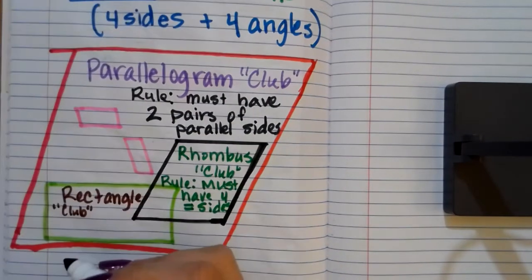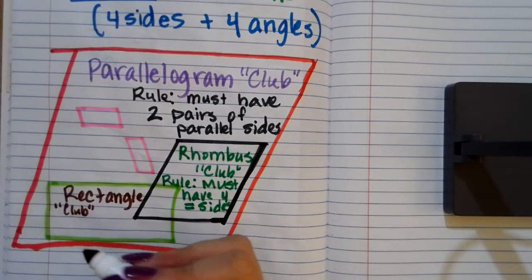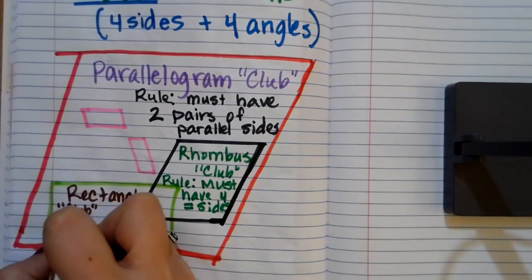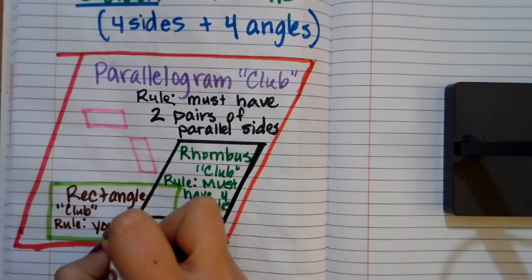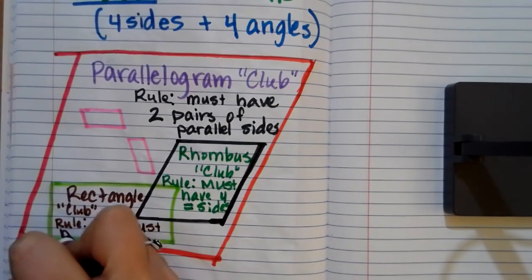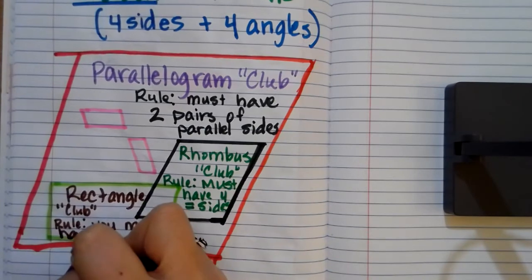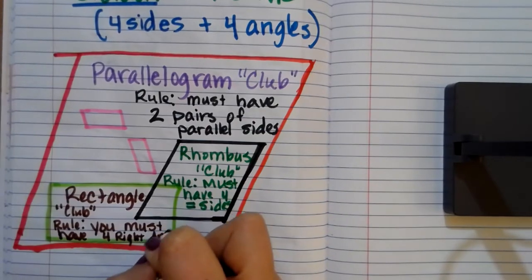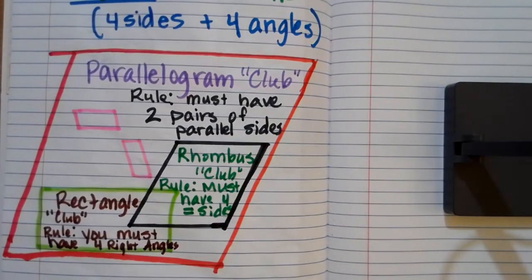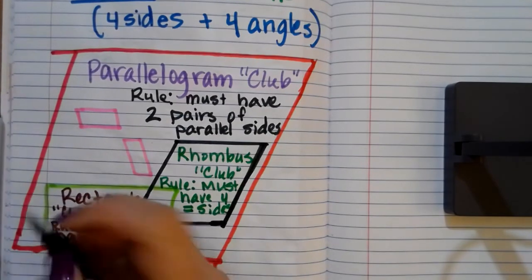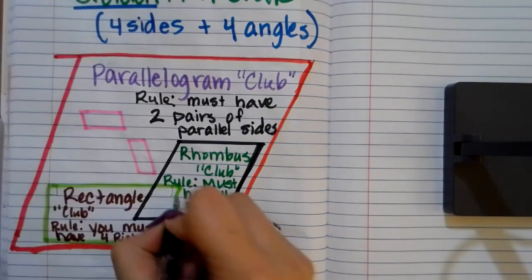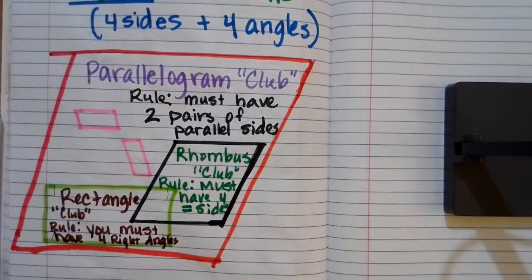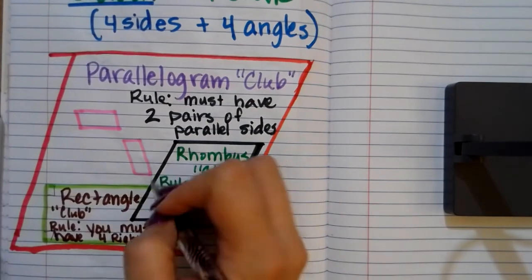The rule to be in that club is you must have 4 right angles. Like a rectangle, right? I have a right angle right here, right here, right here, right here. That's my 4 right angles. So if I am a rectangle, 4 right angles, okay, there's a really cool thing that happens.